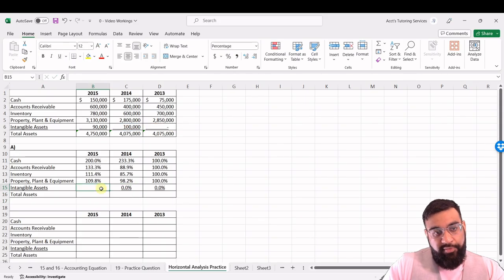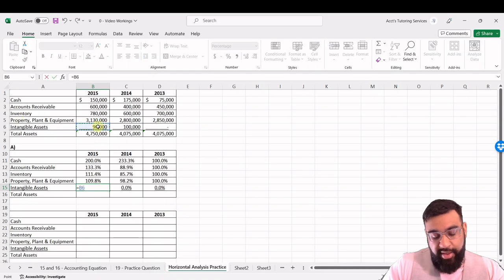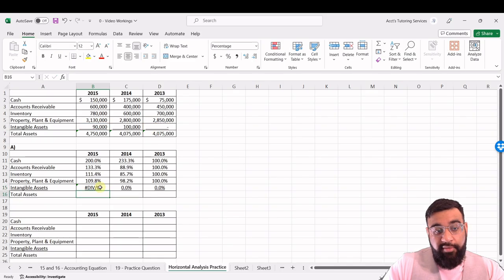And then even for 2015, 90,000 divided by 0 is going to give us nothing, 0. So technically, for intangible assets, we cannot calculate this because we had no intangible assets in the base year. So for this one, it's just going to be 0, 0, 0, or even just not available, not available, not available.